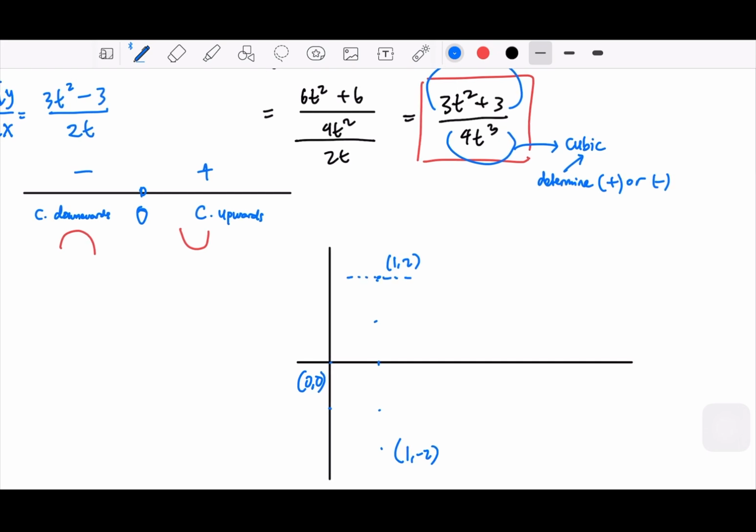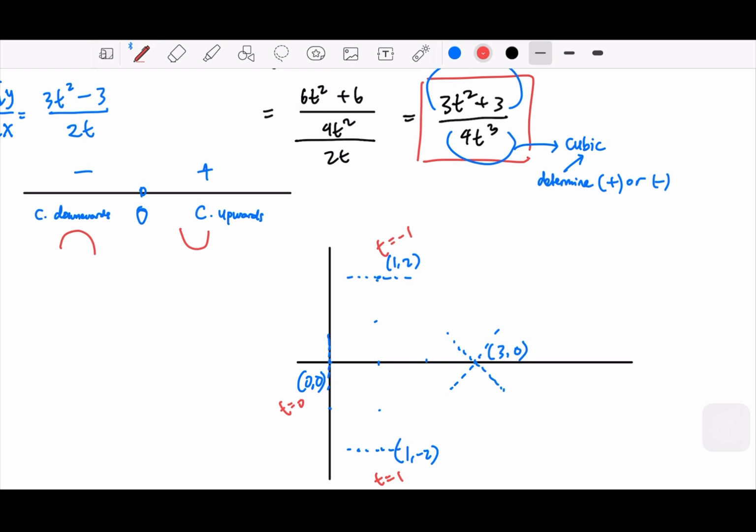Maybe just slightly draw the tangent. And at (3, 0), there are 2 tangents. Okay, so this is the thing. This is when t is equal to -1, this is when t is equal to 1, and this one is t equals 0.